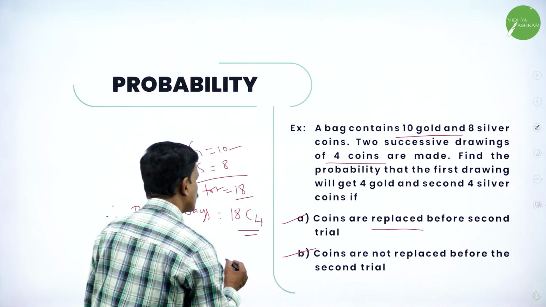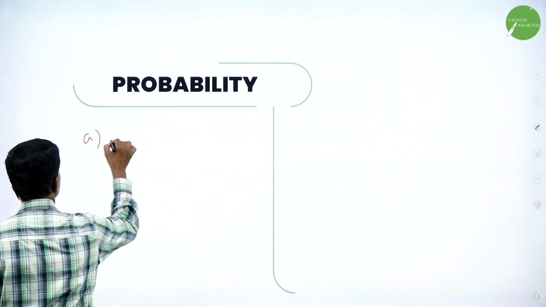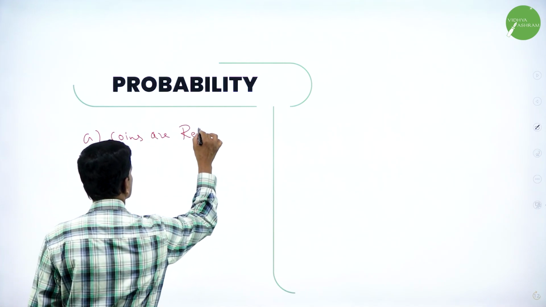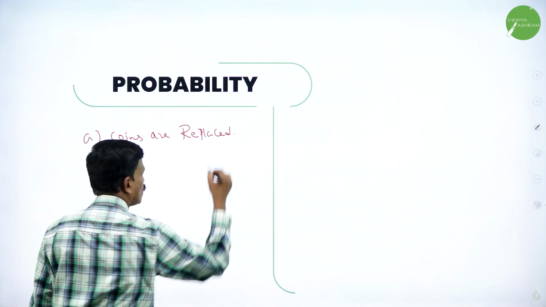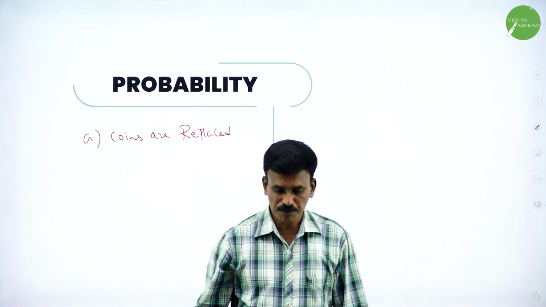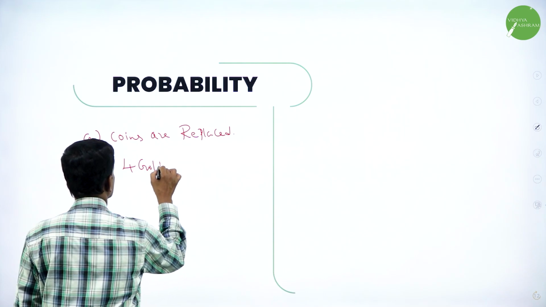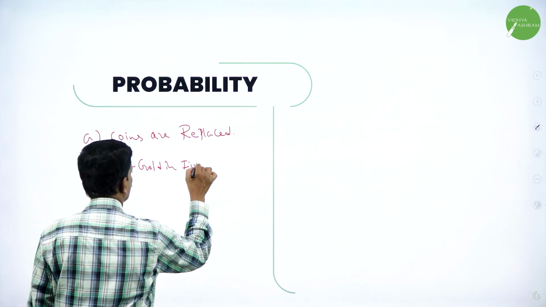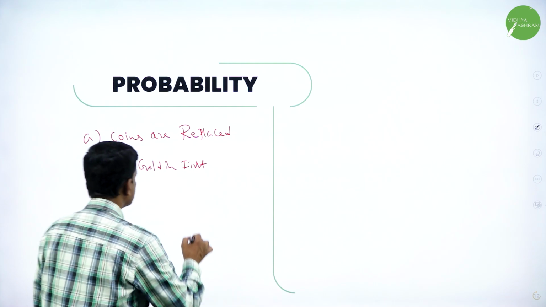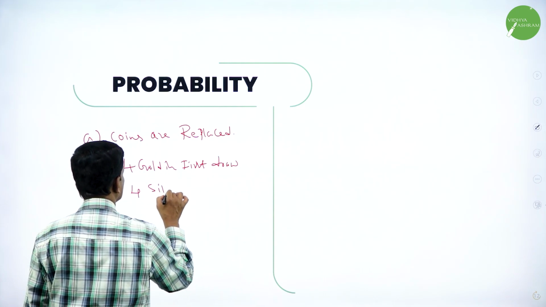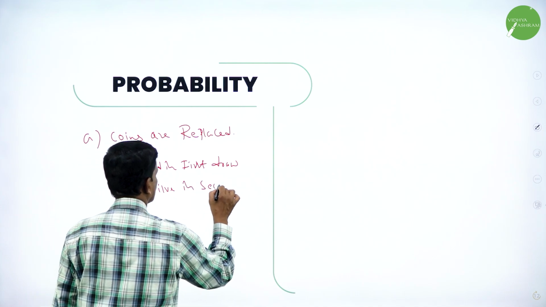If the coins are replaced, that is, 4 gold in the first drawn and 4 silver in the second drawn.